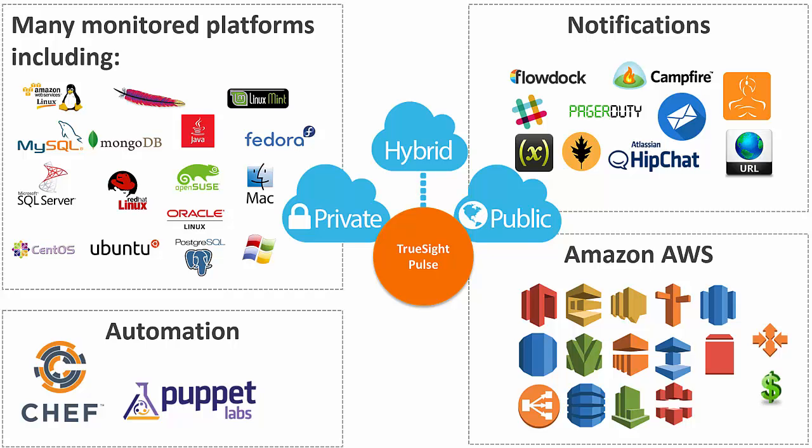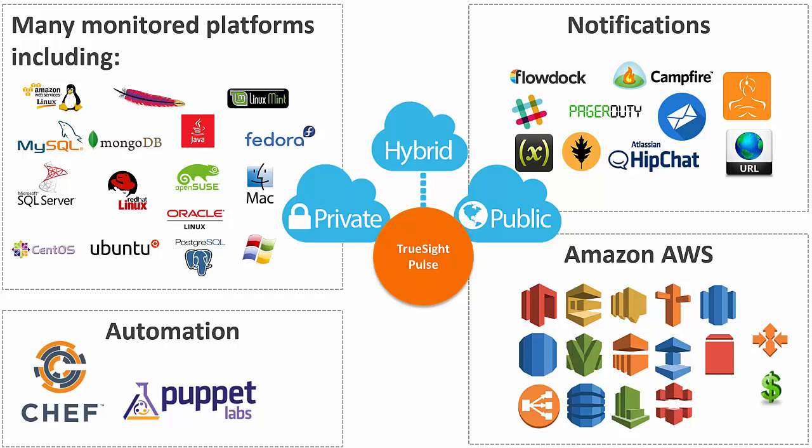It also integrates quickly with your Chef and Puppet automation tools. Many teams will use those as they're rolling out applications, they want to quickly deploy those applications, but alongside that, the meters for the collection of the second-by-second visibility with TrueSight Pulse.